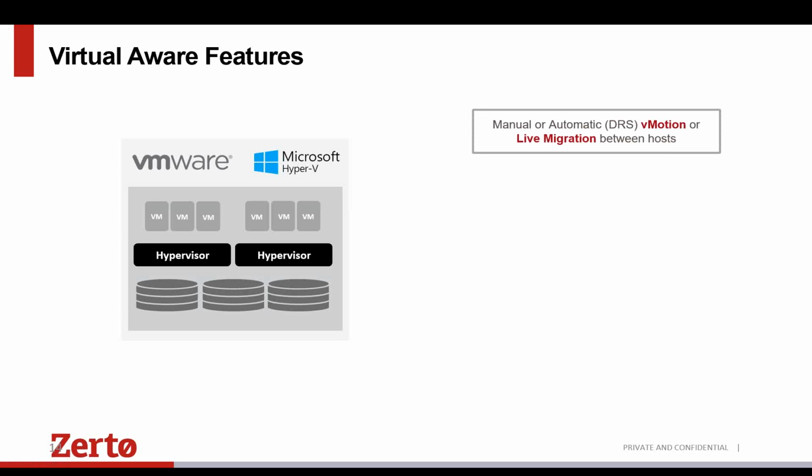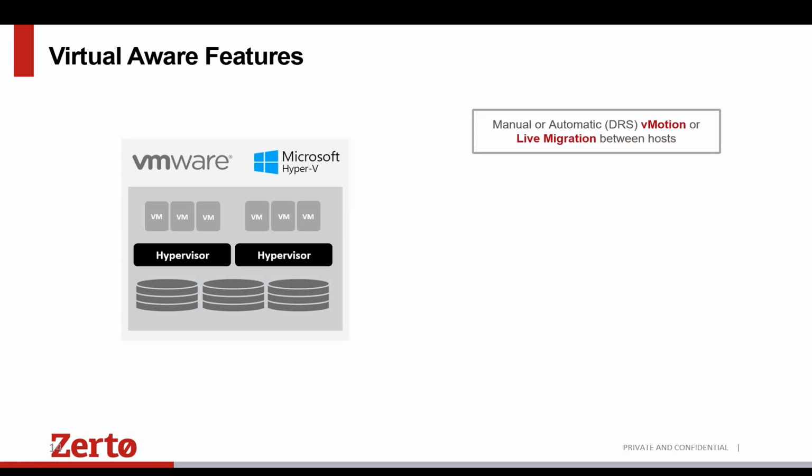So once you've created this protection group and you've deployed Zerto to the infrastructure, then any changes such as a vMotion or a live migration of the virtual machines between the hosts, be it a manual operation or done automatically by the likes of DRS, then because you have a Zerto replication appliance on each hypervisor, Zerto sees that that VM has moved and it carries on the replication.